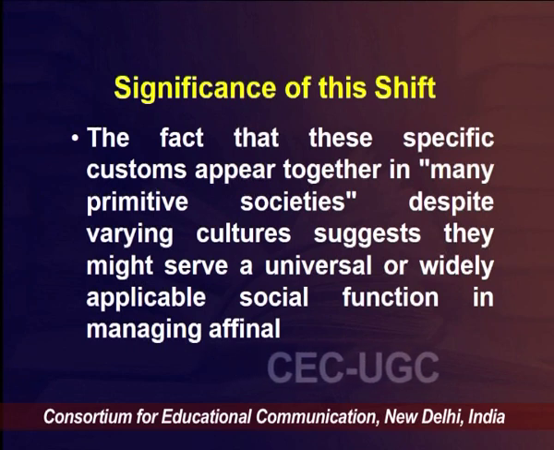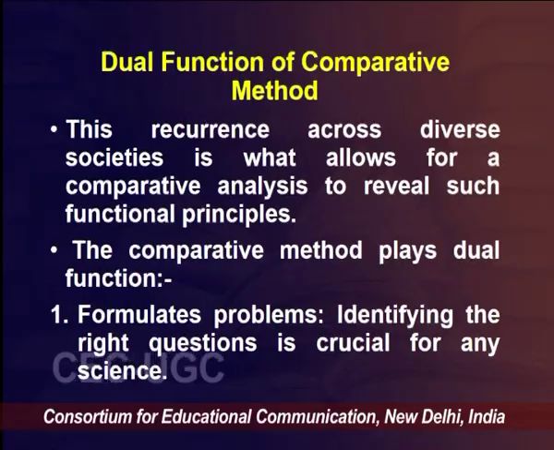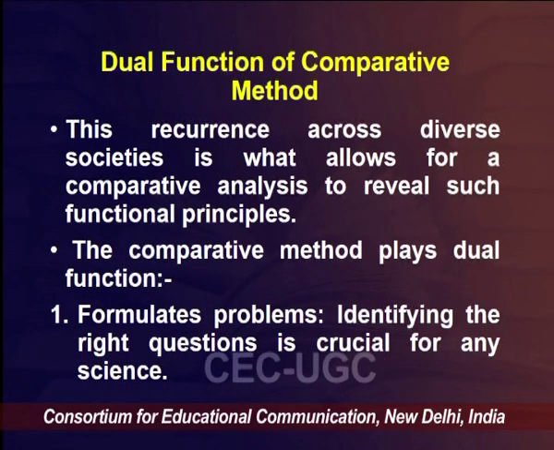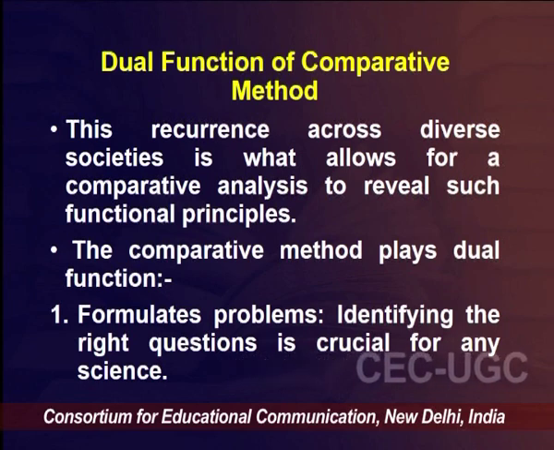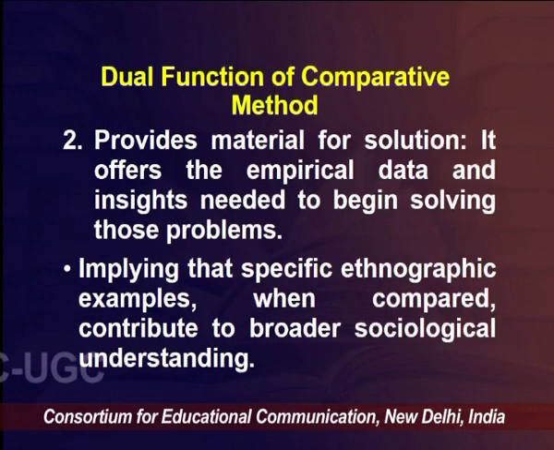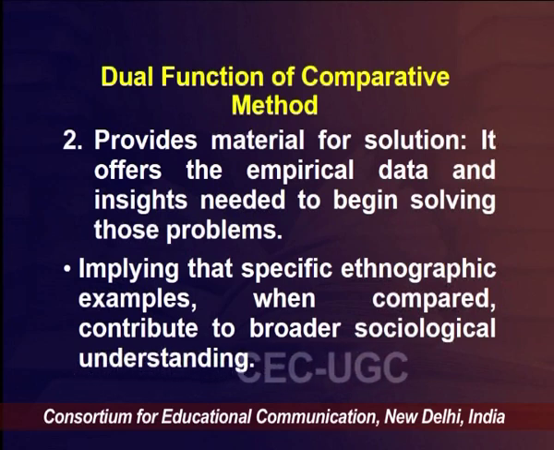Radcliffe-Brown comes to the dual functions of the comparative method, and he says that it performs two functions. Number one is to formulate problems. Identifying the right question is crucial for any science. The second function is to provide material for solution.